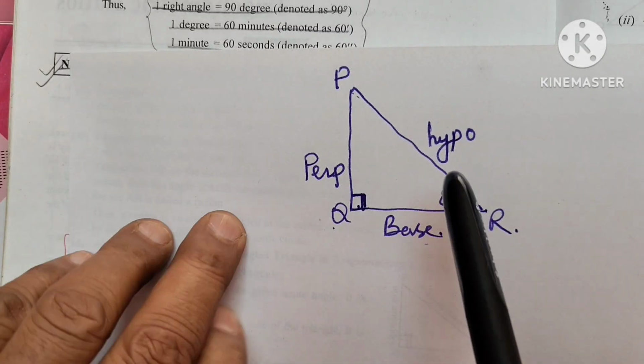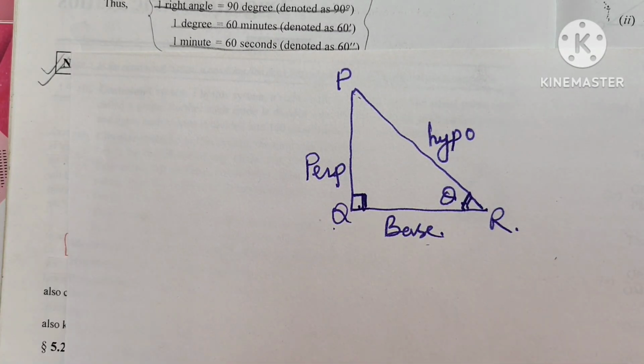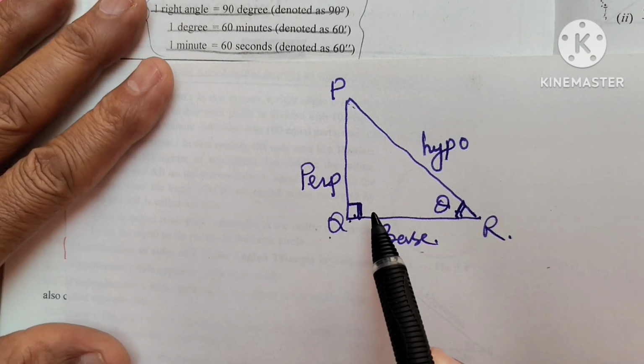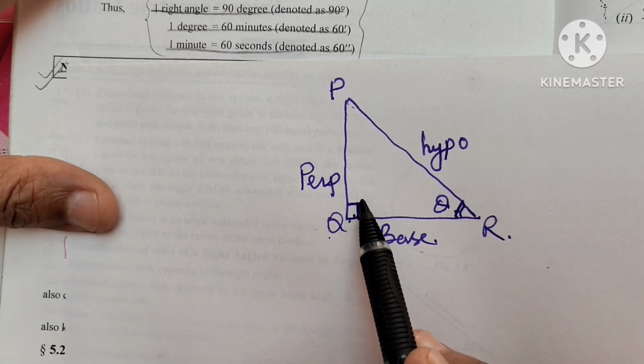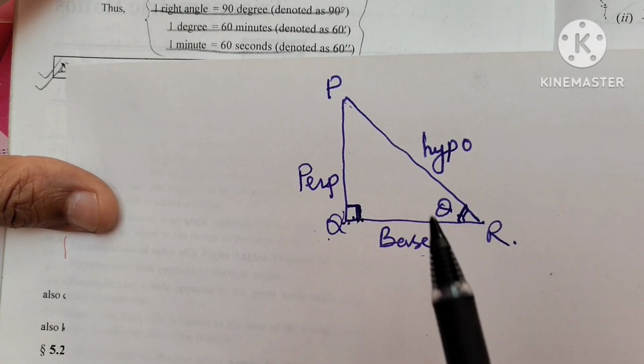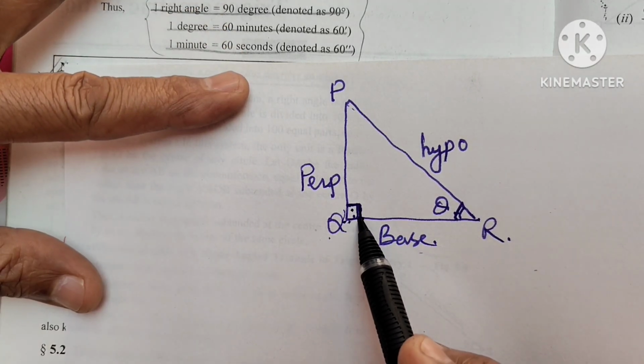A right angle triangle means a triangle in which one angle is 90 degrees. It is called a right angle triangle. So suppose this angle you are taking here as 90 degrees, and this is the symbol for 90 degrees.